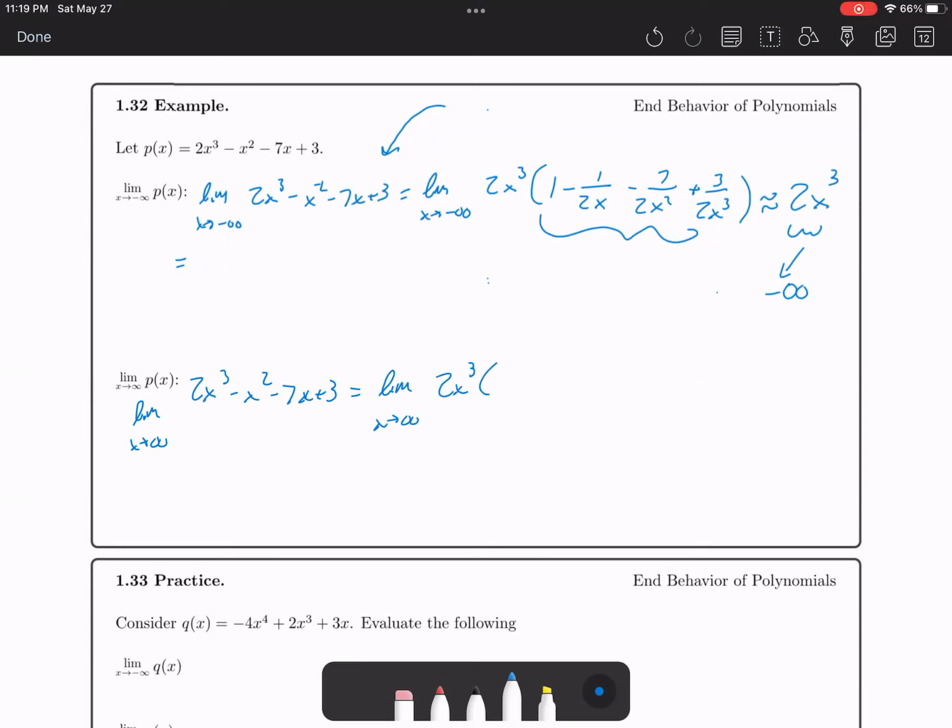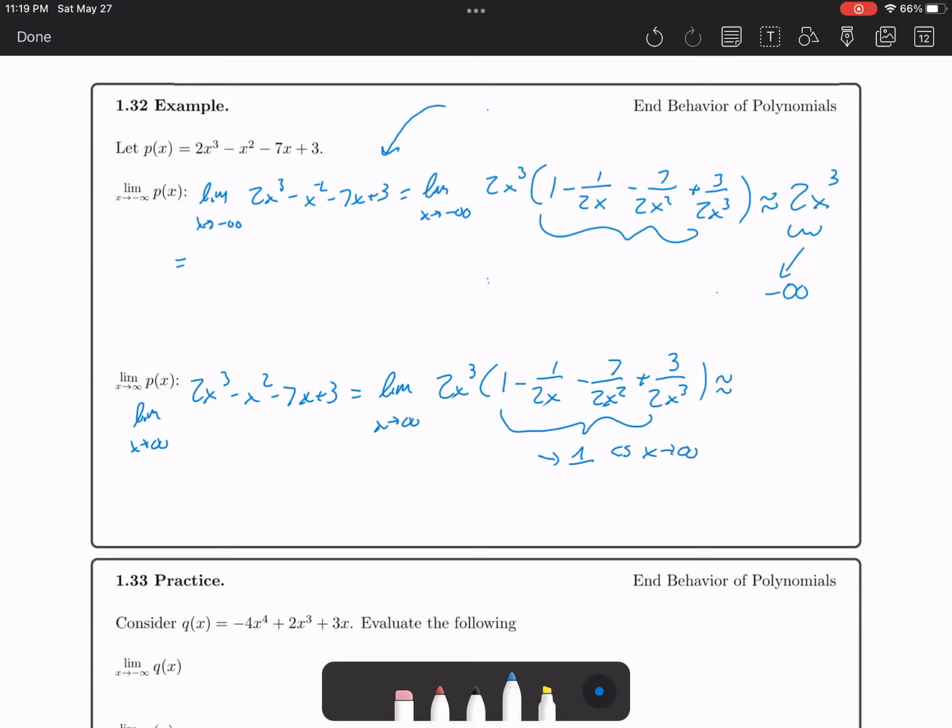We are left with a 1 minus 1 over 2x minus 7 over 2x squared plus 3 over 2x cubed. For all the same reasons, everything in there drops down to 0 except for the 1. So this approaches the value of 1 as x gets larger and larger.